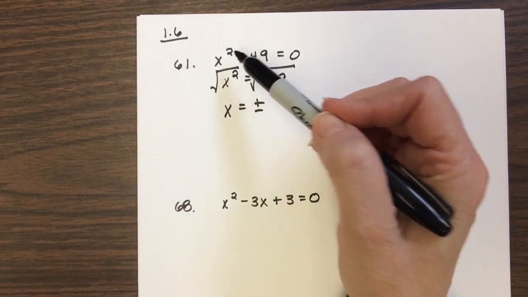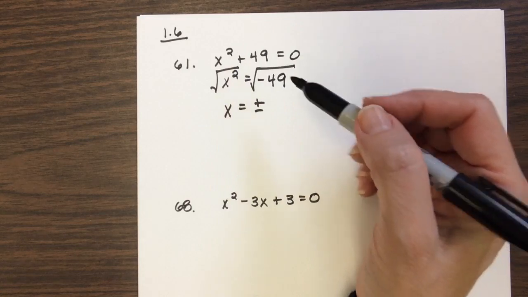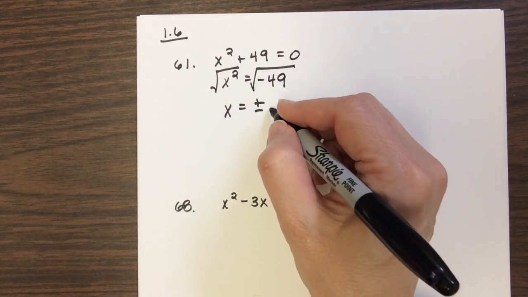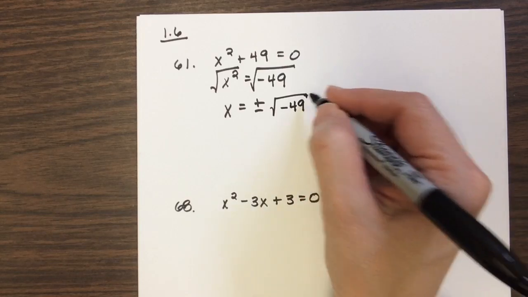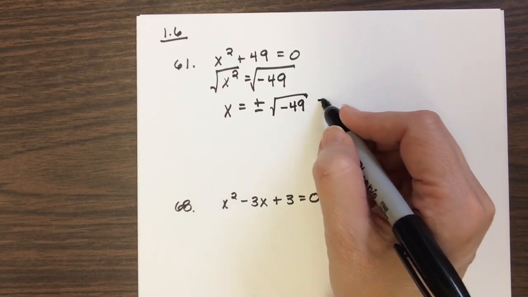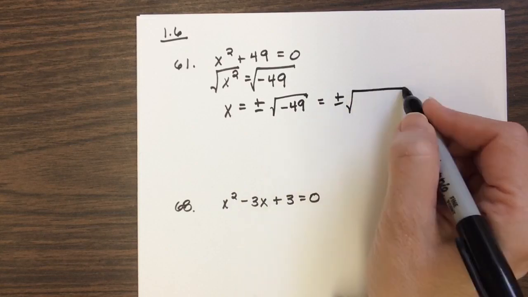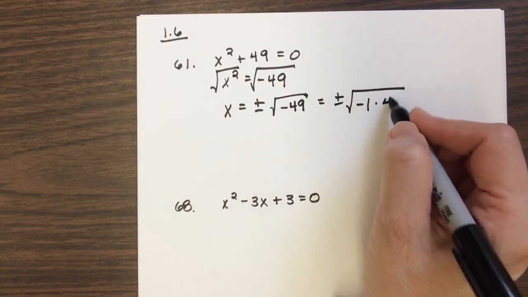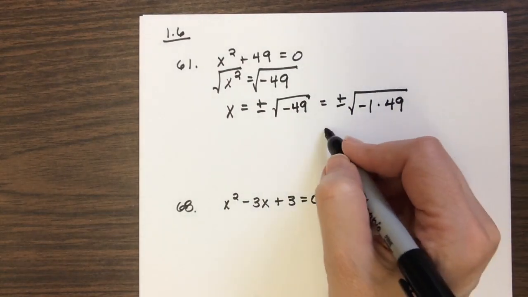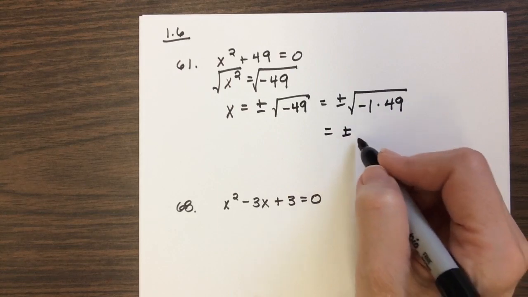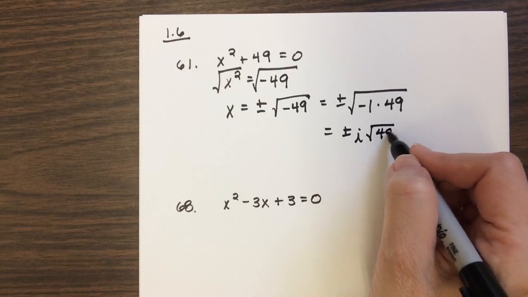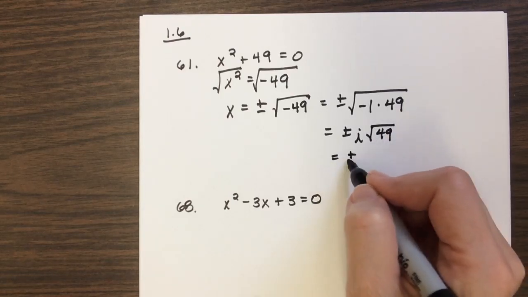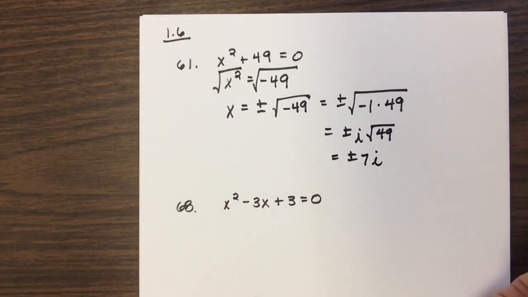So there's where your two answers are going to be coming from. And then I'm looking at positive or negative square root of negative 49. Well, we've already talked about this enough to know that this is going to be negative 1 times the square root of 49, or positive or negative I times the square root of 49, or positive or negative 7I.